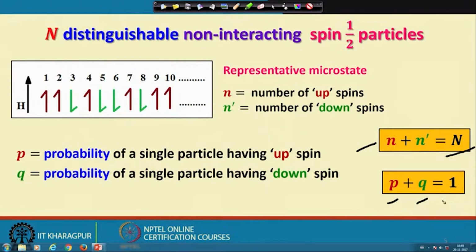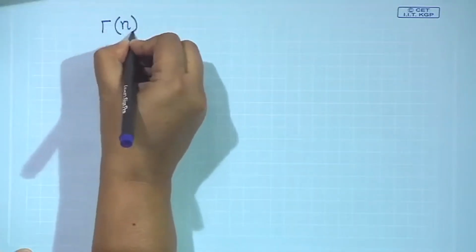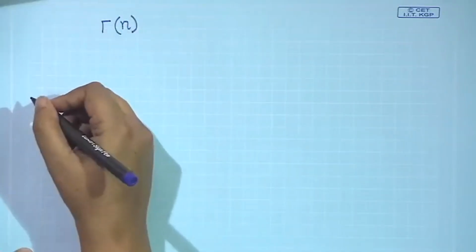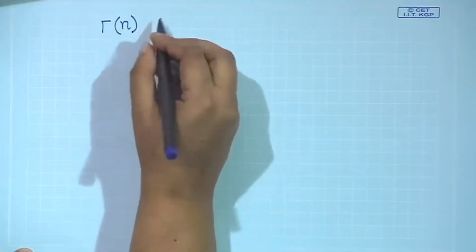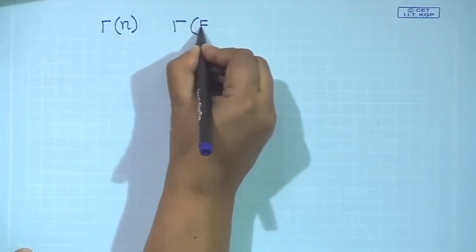Now, you must be wondering, I always said that the number of microscopic states is a function of the total energy, total volume and the total number of particles, and here I am representing gamma as a function of n. Does it mean that gamma is no longer a function of E and N?